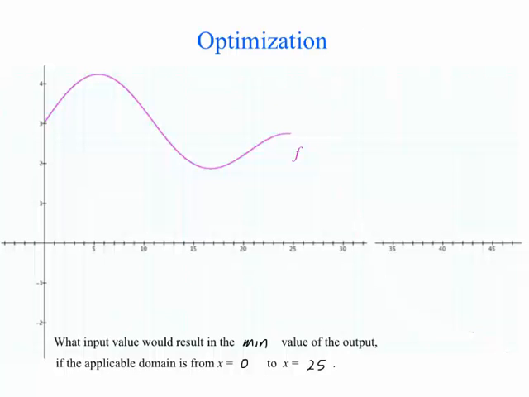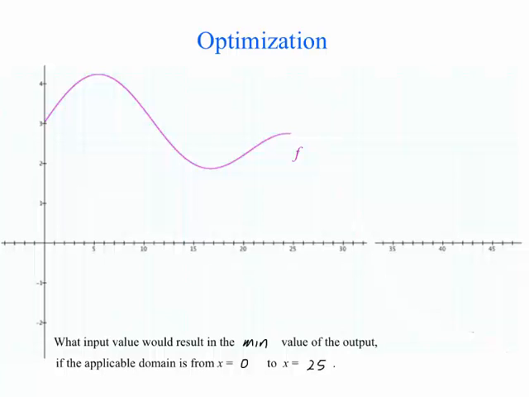Somewhere around 70. Okay, so the x value that we should pick would be 16.5. 16-ish, and then the minimum value would be f of 16.